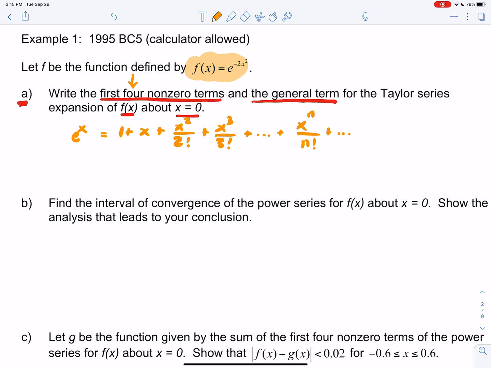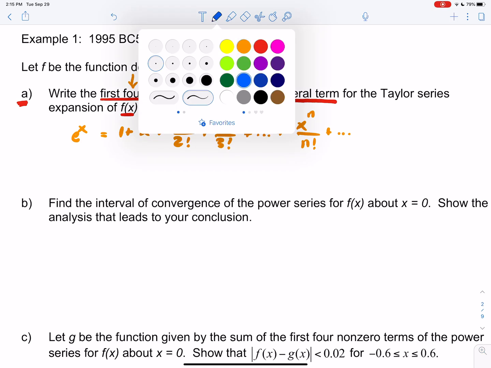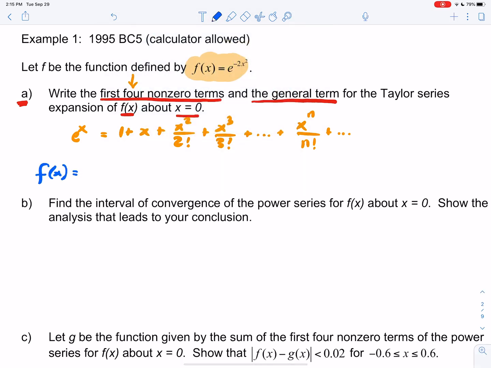All right, I have e to the x, but f of x is e to the negative 2x squared. So what I'm going to do is replace x with negative 2x squared. So here we go. It's going to be 1 plus negative 2x squared plus negative 2x squared over 2 factorial plus negative 2x squared cubed over 3 factorial.